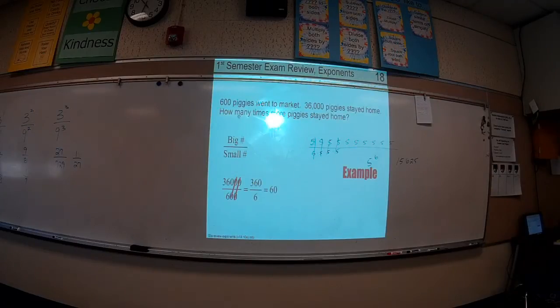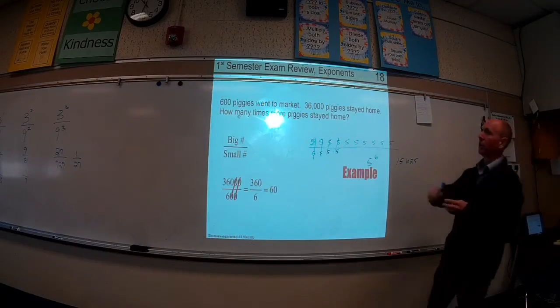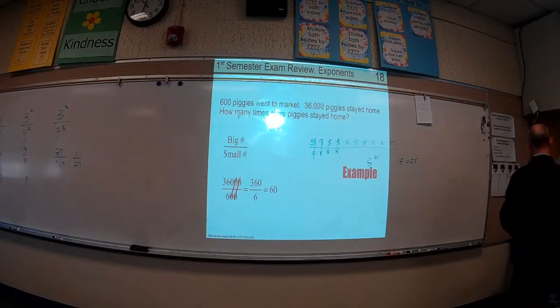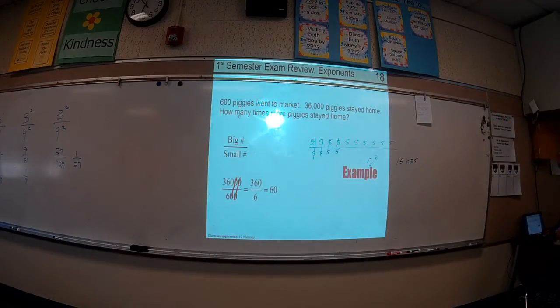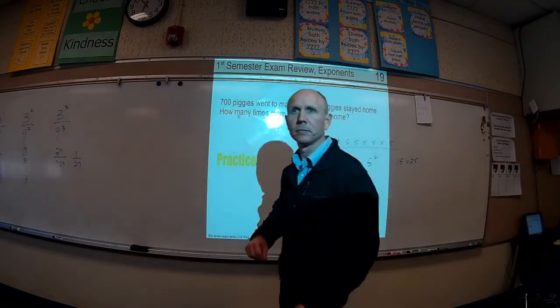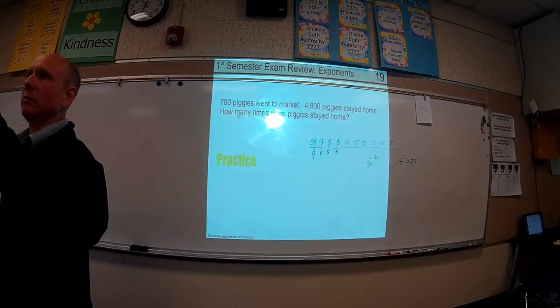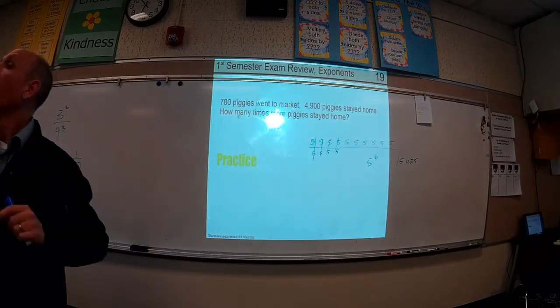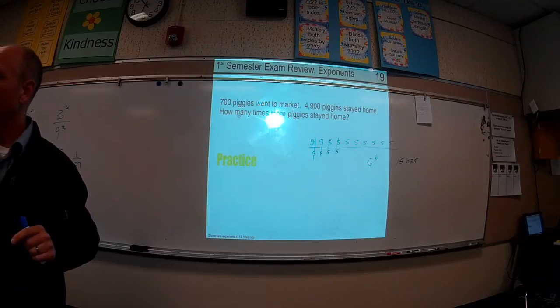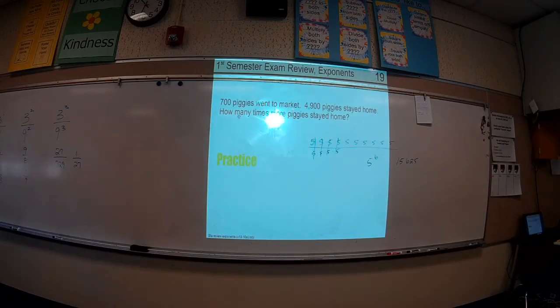Okay. Once again, big over small. Big over small, cancel the zeros. You did the wrong one. Yeah, I know. Okay, big over small for number 19. Show me big over small and show me you canceling zeros.